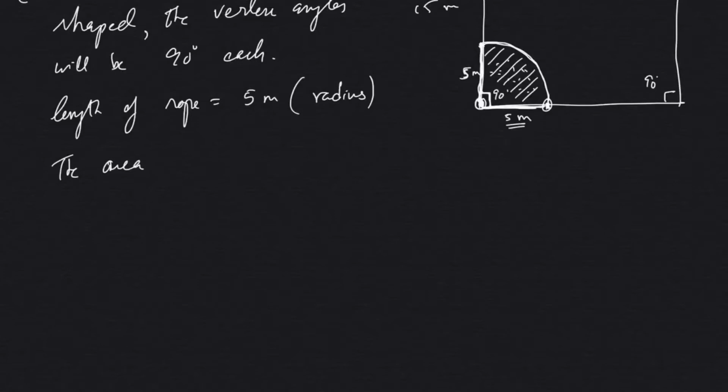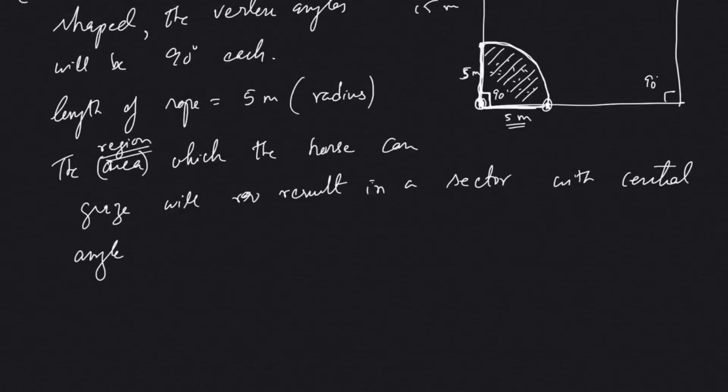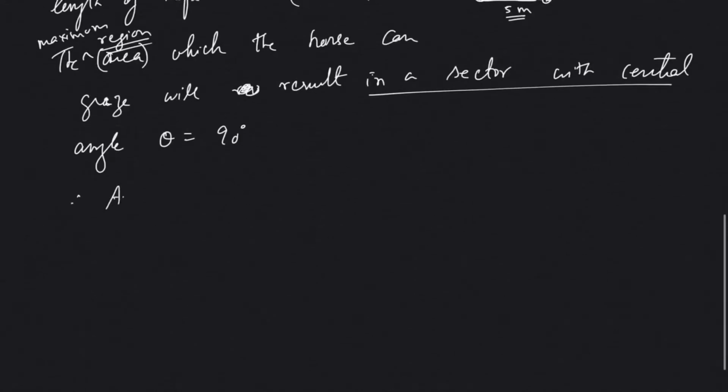So the area which the horse can graze, the maximum region where the horse can graze, will result in a sector with central angle theta as 90 degree. So let's find out.